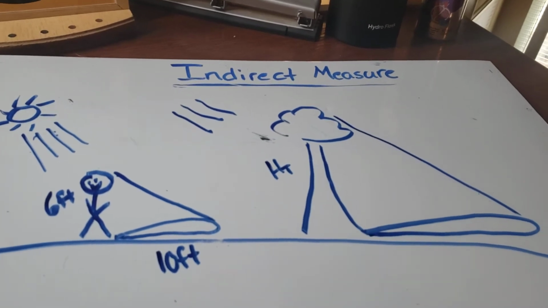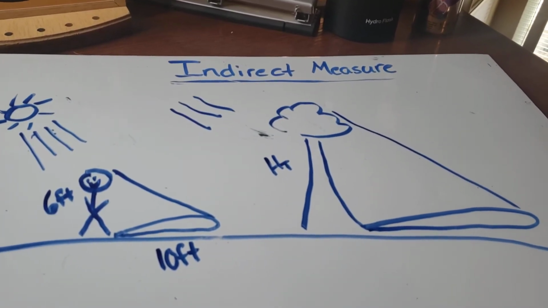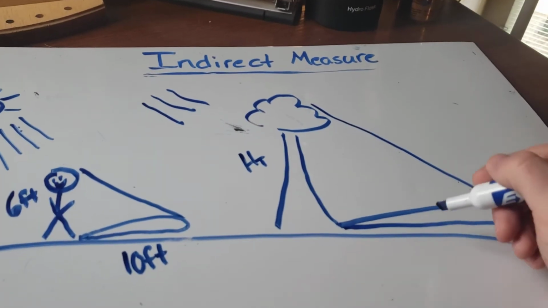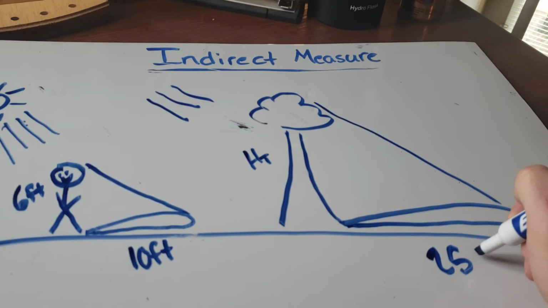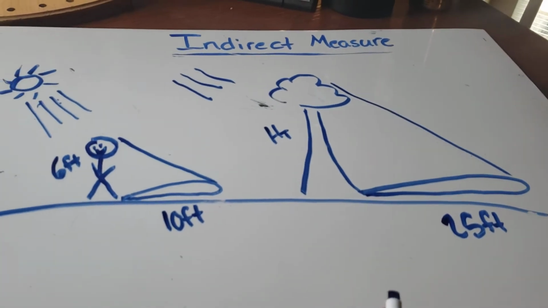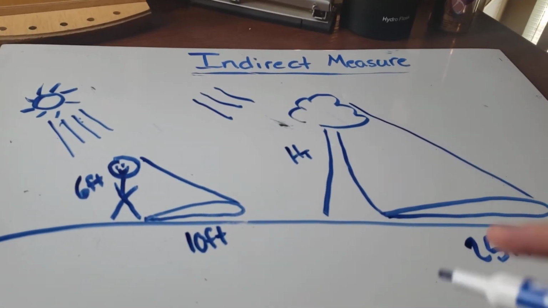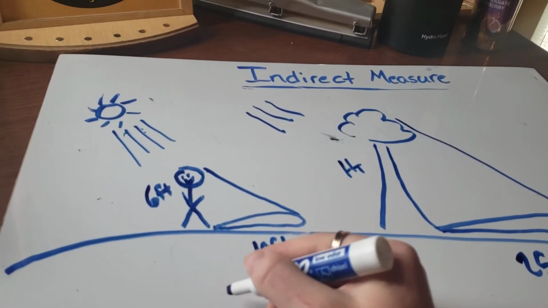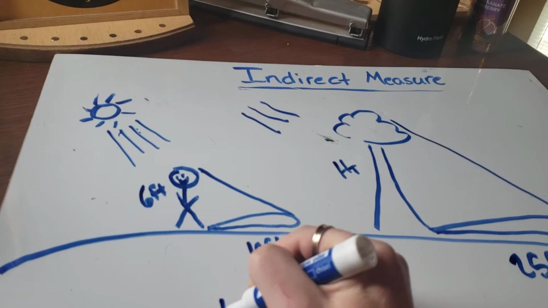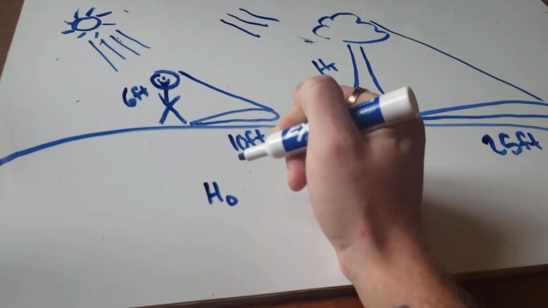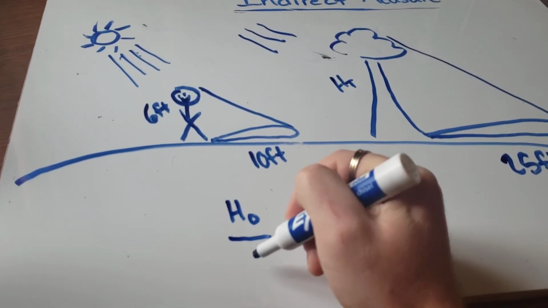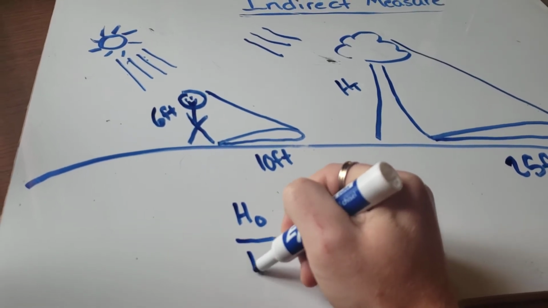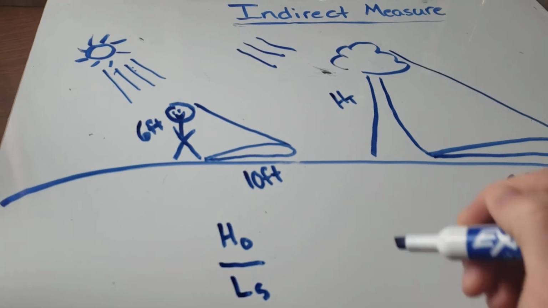All right, so let's say we go measure this tree's shadow, and let's say that the tree's shadow is 25 feet long. We now actually have enough information to solve for the height of the tree. So we're going to set up the height of the object over the length of the shadow.